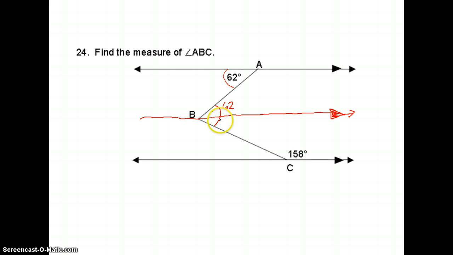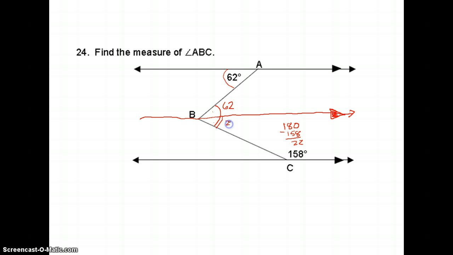On this side, I've got 158 down here, and I've got this piece of the angle up here. So these two angles are going to have to add up to 180. So if I do 180 minus 158, that gives me 22 for this angle right here.